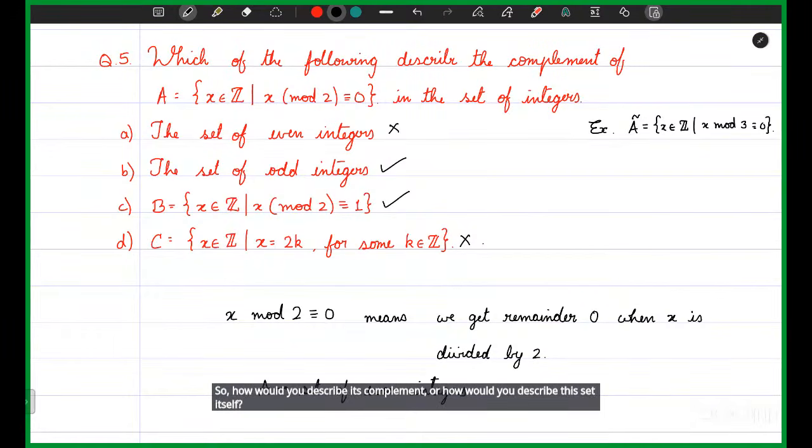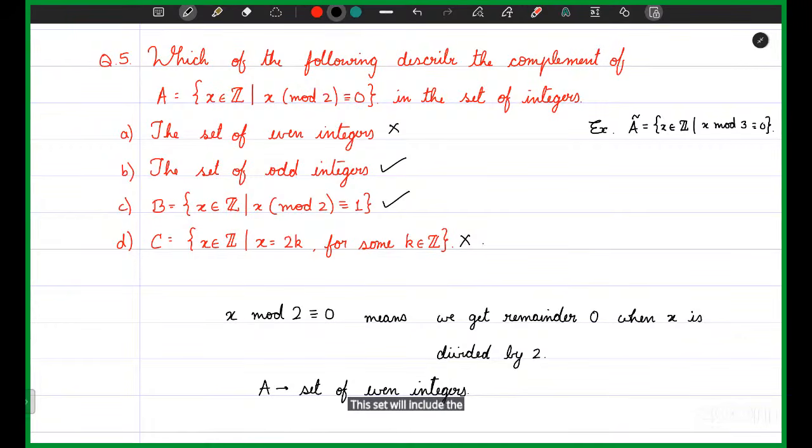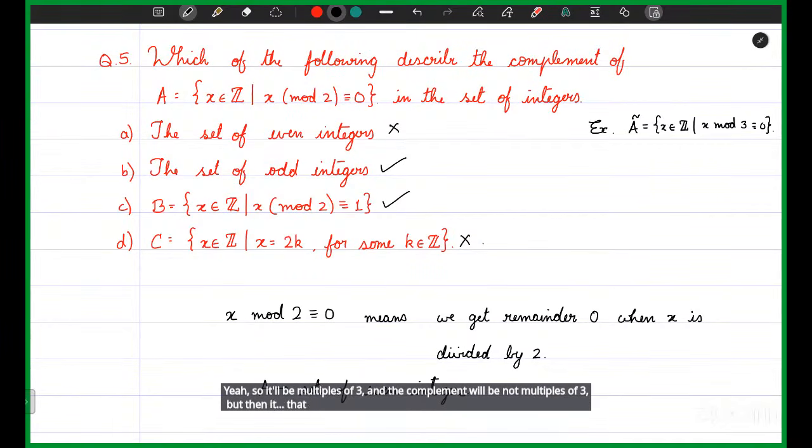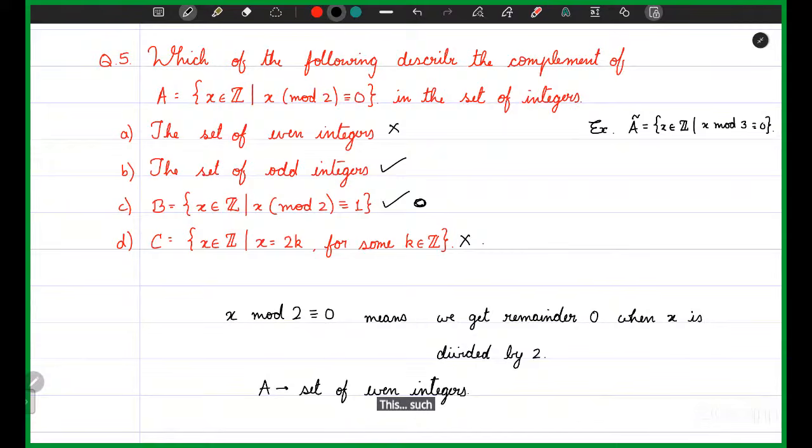This set will include the multiples of 3. So it will be multiples of 3 and the complement will be not multiples of 3. But then that set will have remainder 1 or 2. In this, an option similar to C will not be there.